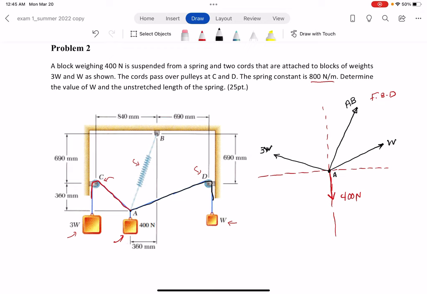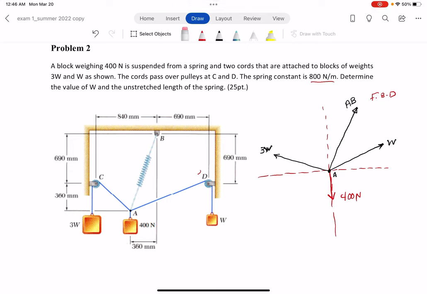Now, let's put the slopes. Let me erase all of these things and put the slope. Okay, sound is fine. Let's look at the slope here.